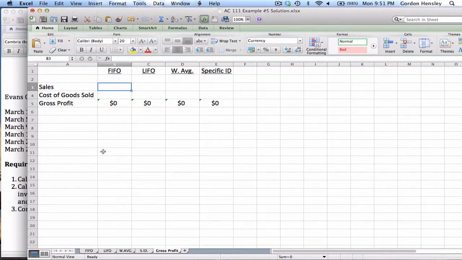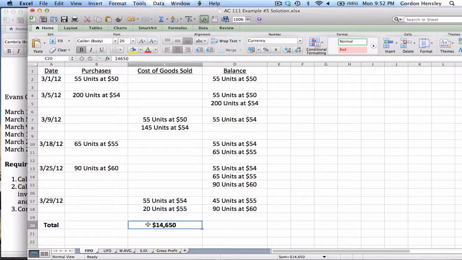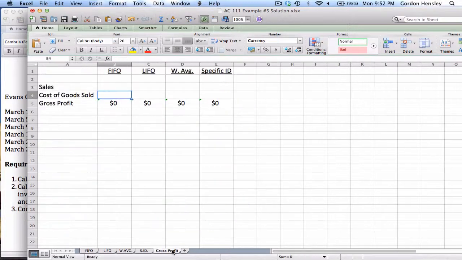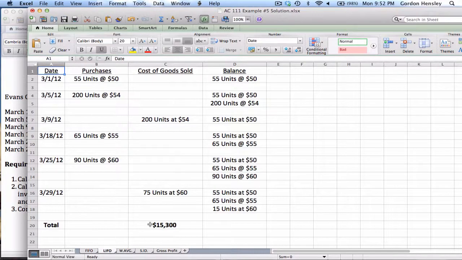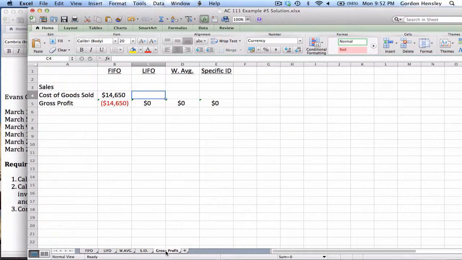That's profit. Now, cost of goods sold, where am I going to get that? Well, I've calculated that. Back when I used the FIFO method, I got a cost of goods sold of $14,650. When I used the LIFO method, I got a cost of $15,300.